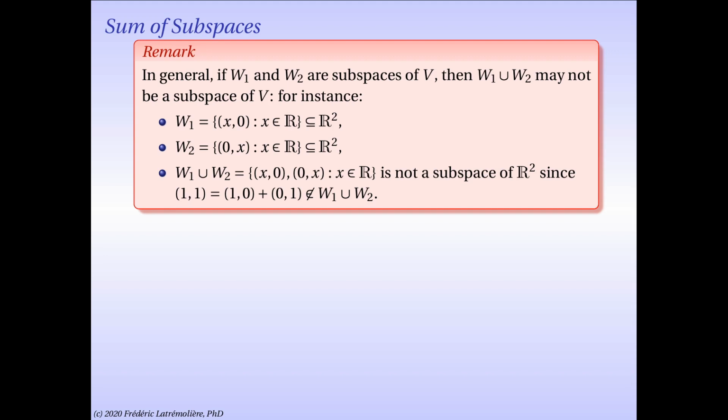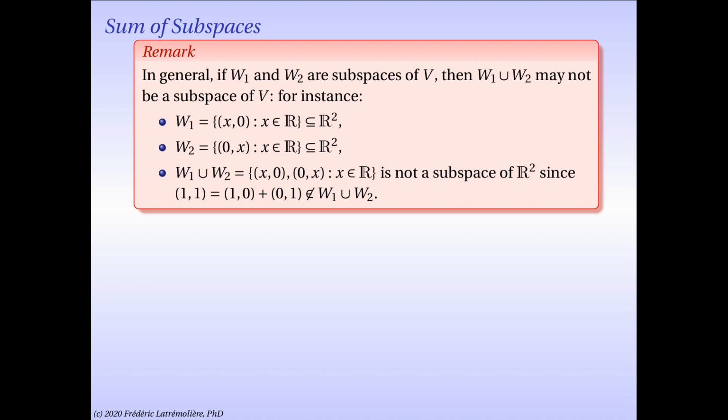The first of these properties that I will discuss here is that I can add subspaces to get a new subspace. Now let's understand this a little bit. If I give you two subspaces of a vector space V, let's call them W1 and W2, then in general the union may not be a subspace. Here's a counterexample.